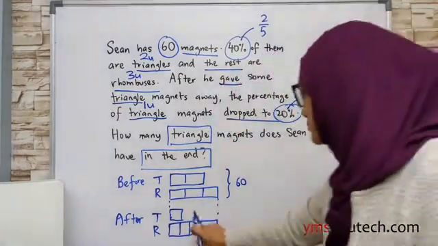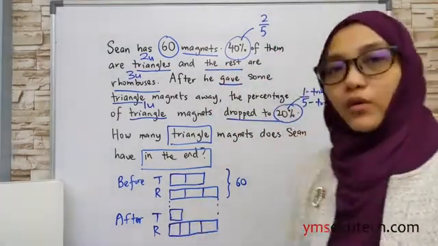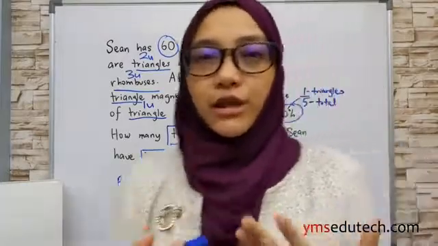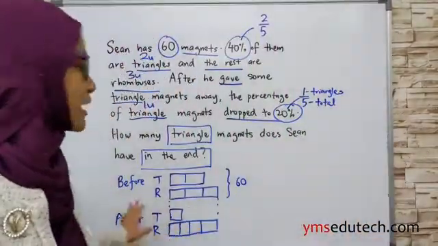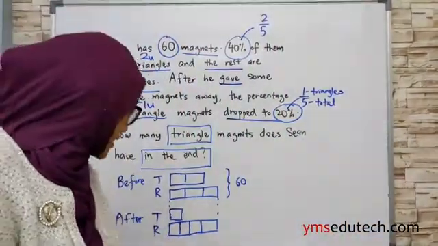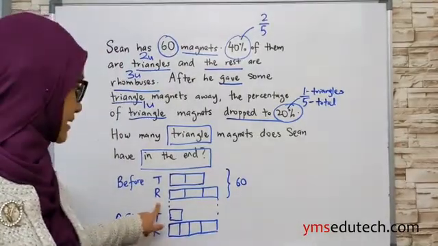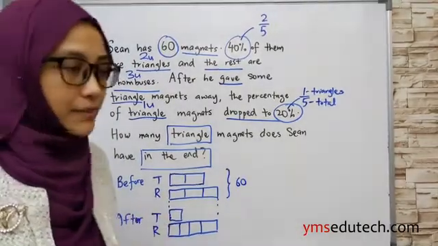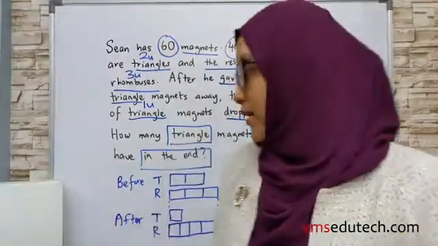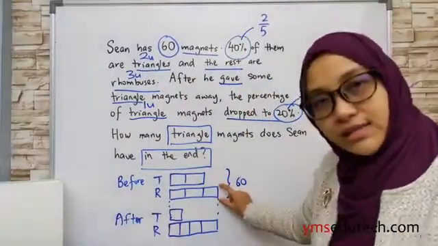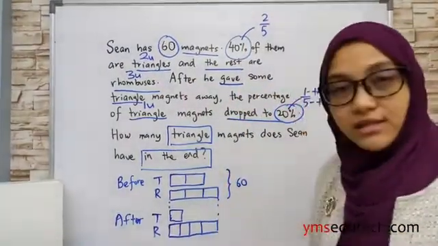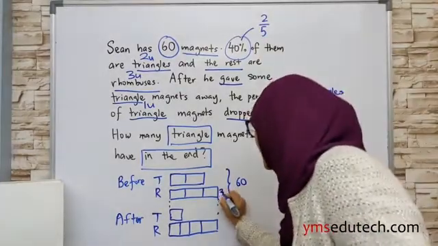So there was no change involved in rhombuses. The one item unchanged was rhombuses. If you look at your model, before it was 3 units, and after it becomes 4 units.